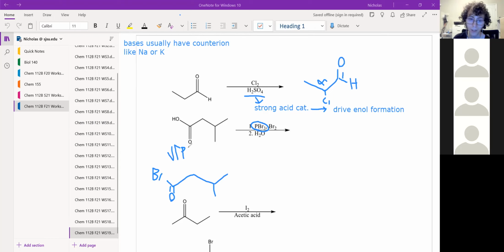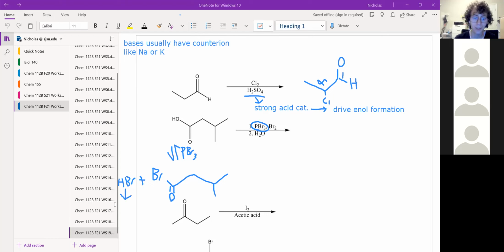That's just the PBr3 part. And you don't have to know the mechanism for this transformation. So you might just want to take note of and memorize this idea to help you remember. But as a byproduct of this, you're gonna form HBr.